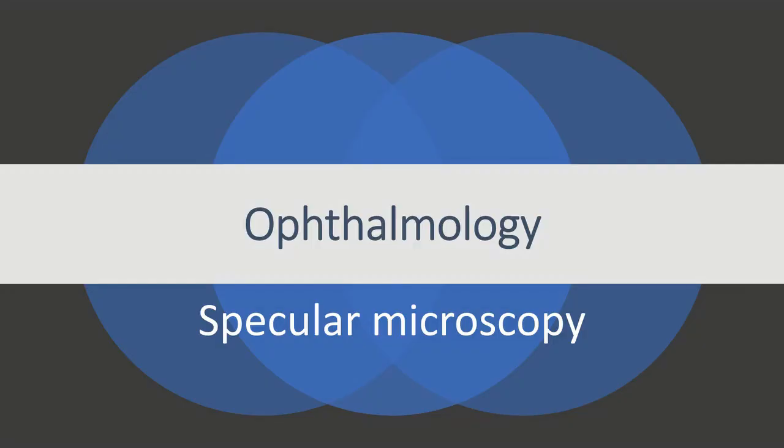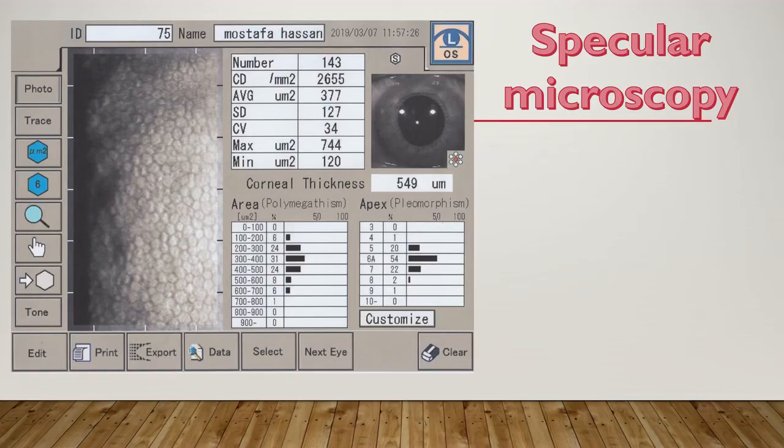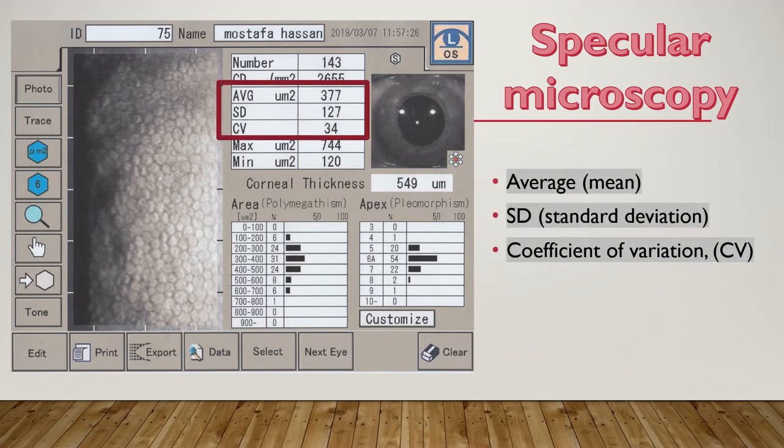We can see this when we see the printout of the specular microscopy. Here you have these values. Average, this is the mean. SD, this is the standard deviation. CV, this is the coefficient of variation.